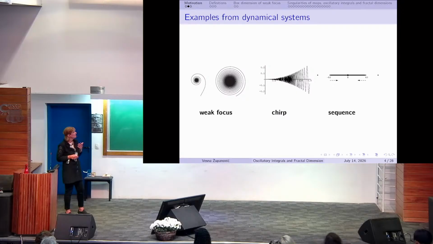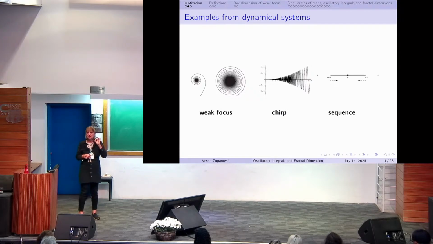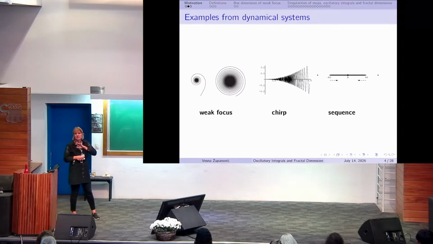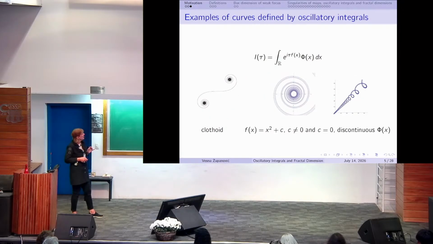On the line, it is very simple to compute the box dimension of the sequence. The multiplicity of the function which generates the sequence is immediately seen. So if you know the box dimension of this sequence accumulating here, you will know immediately the multiplicity of the function generating this sequence.